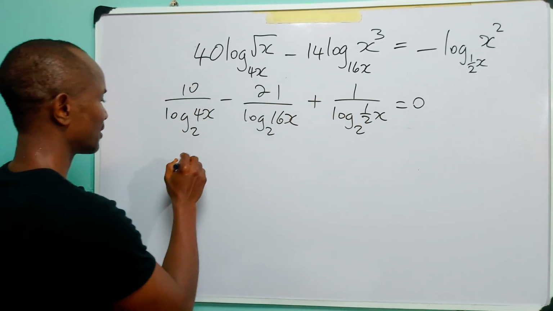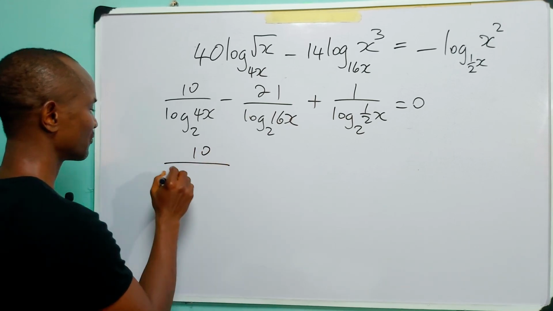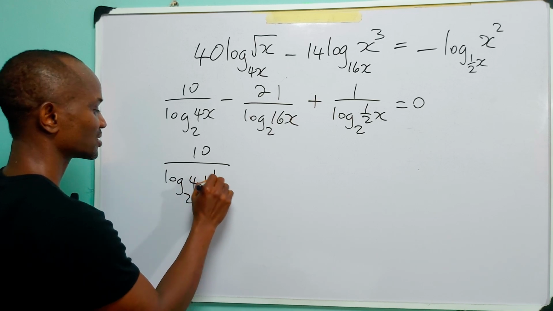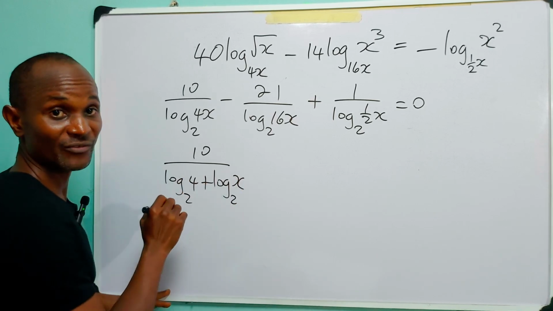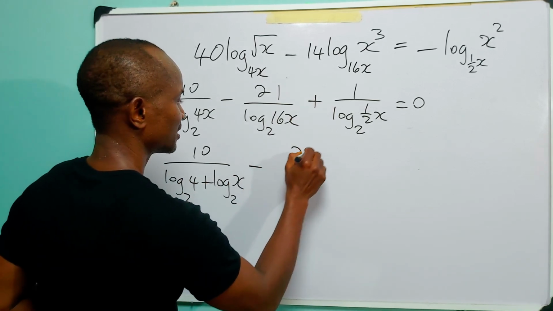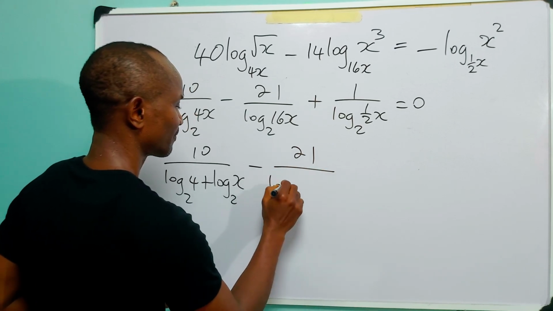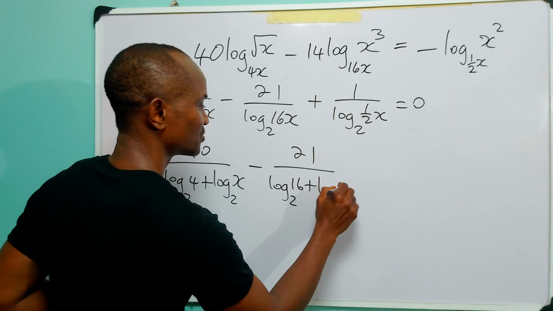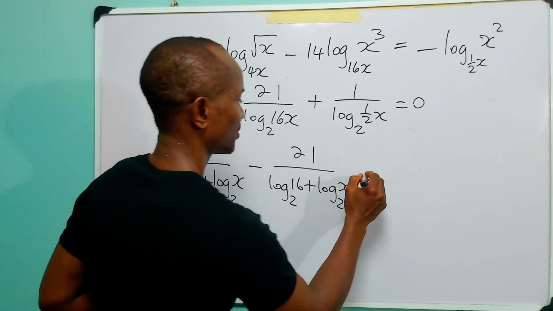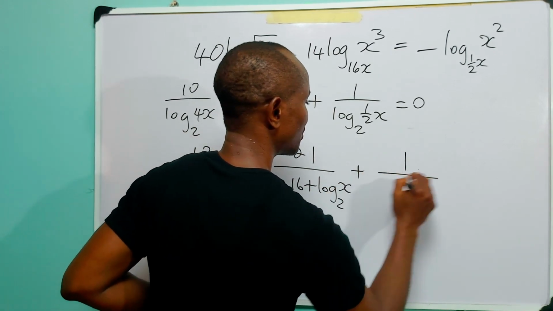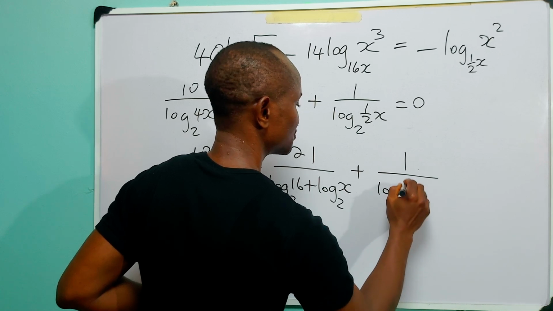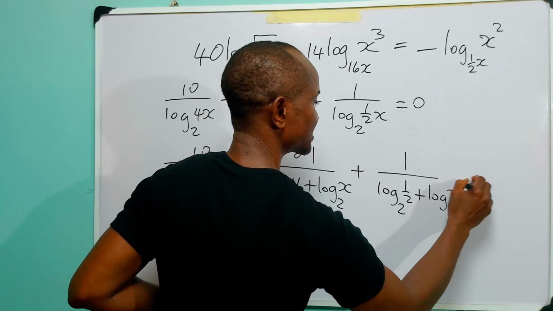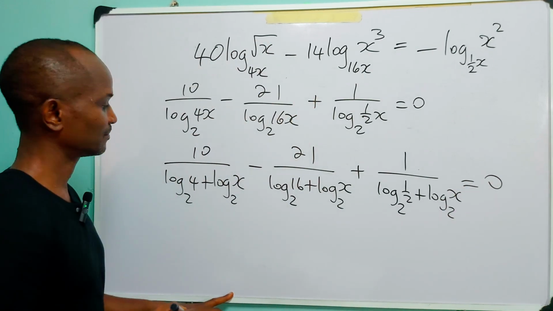So we can write this out as 10 over log to base 2 of 4 plus log to base 2 of x, minus 21 over log to base 2 of 16 plus log to base 2 of x, plus 1 over log to base 2 of half plus log to base 2 of x is equal to 0.